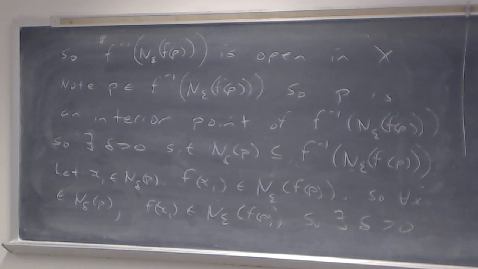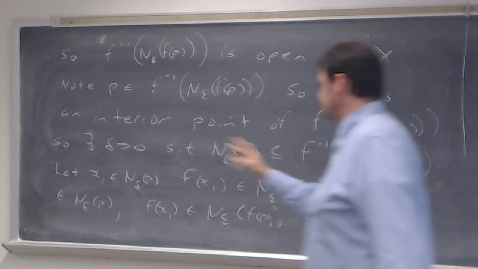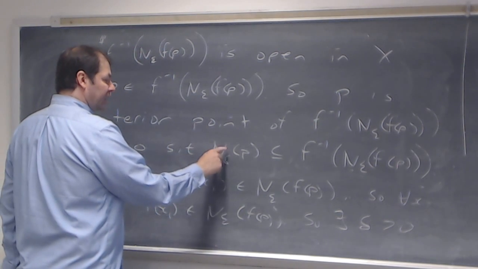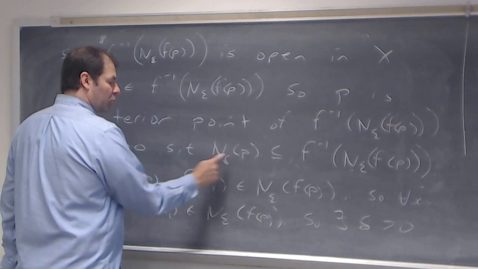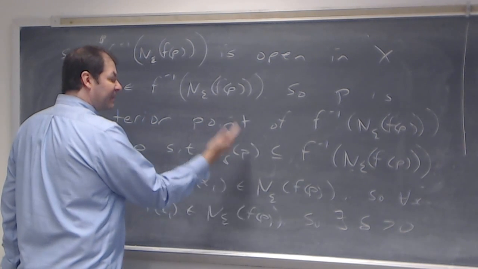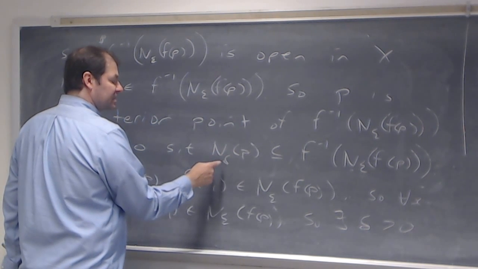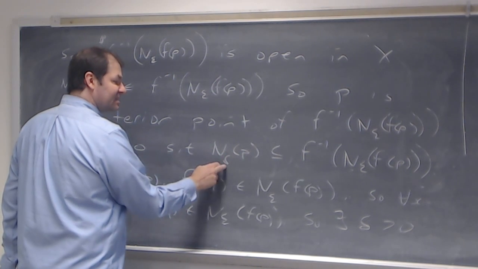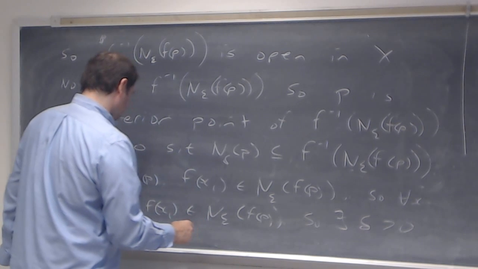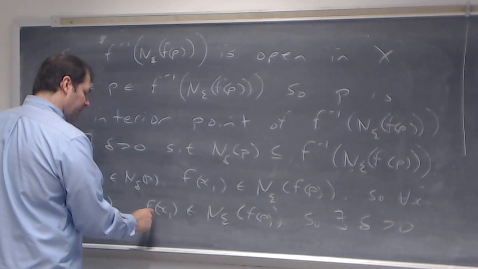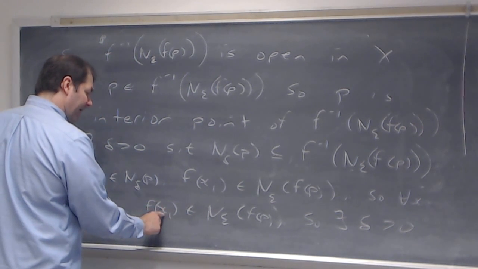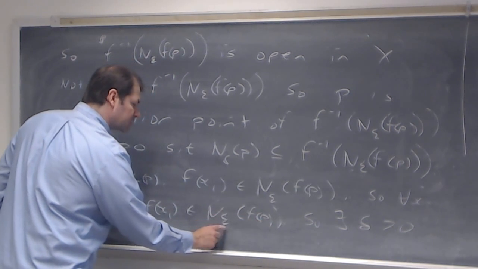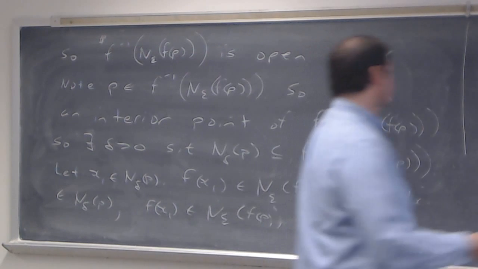So before I move the camera, what am I going to say? There exists this delta greater than 0, such that whenever you're a point in big X, such that the distance in X between p and that point is less than delta, then the distance in Y between f of that point and f of p is going to be less than epsilon. And I'll write that down.